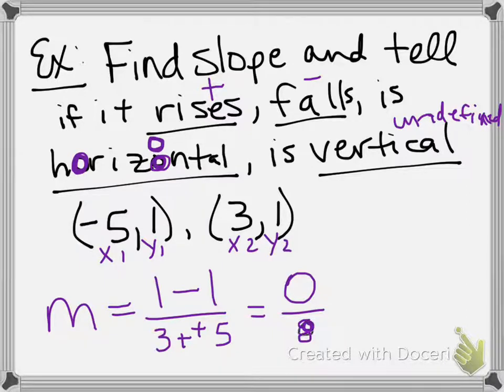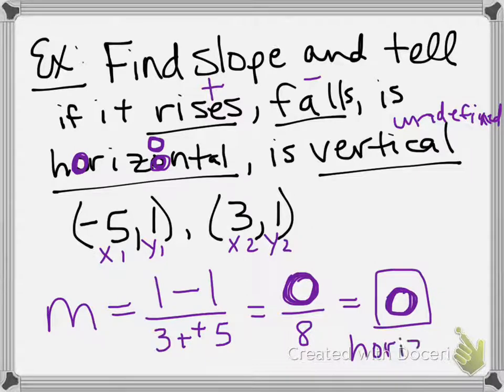And 0 divided by 8 equals 0. Anytime the 0 is on top, it equals 0. So that means that this line is horizontal because its slope is 0.